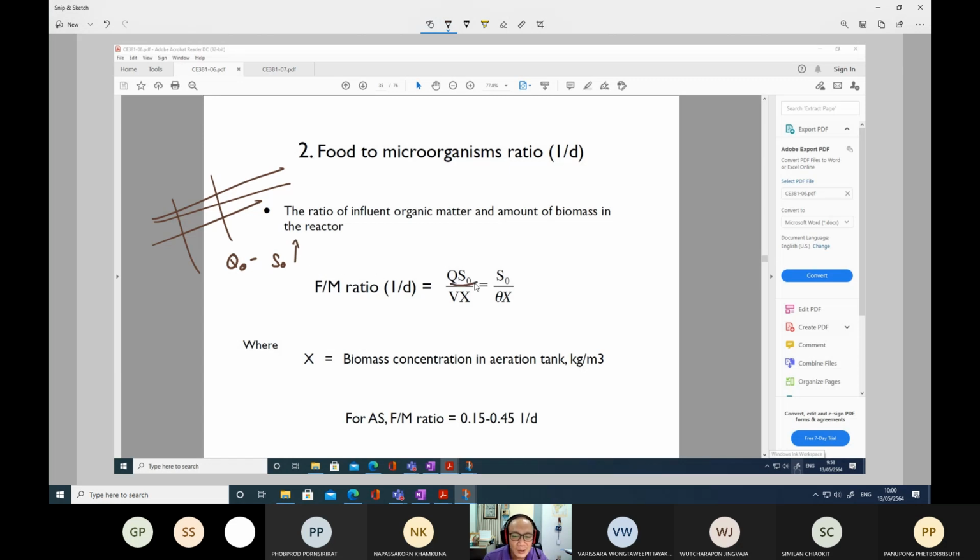So this will result in an increase of the food, so there is a possibility that the incoming food may be too high and not in accordance with the ratio decided. In this case, we normally call this phenomenon a shock load.